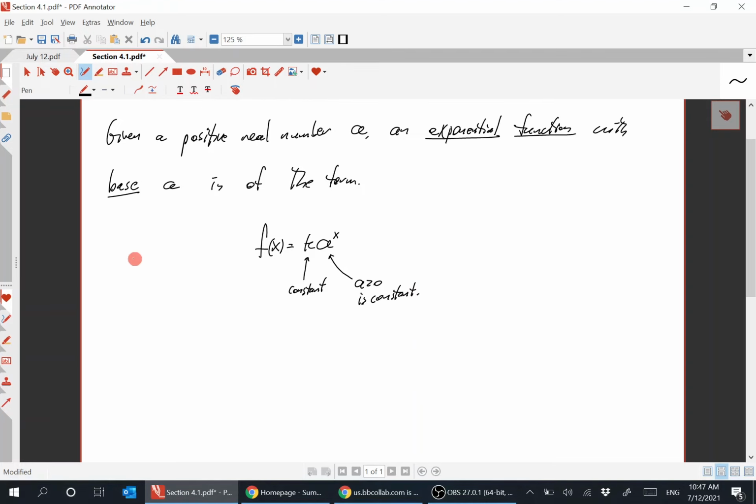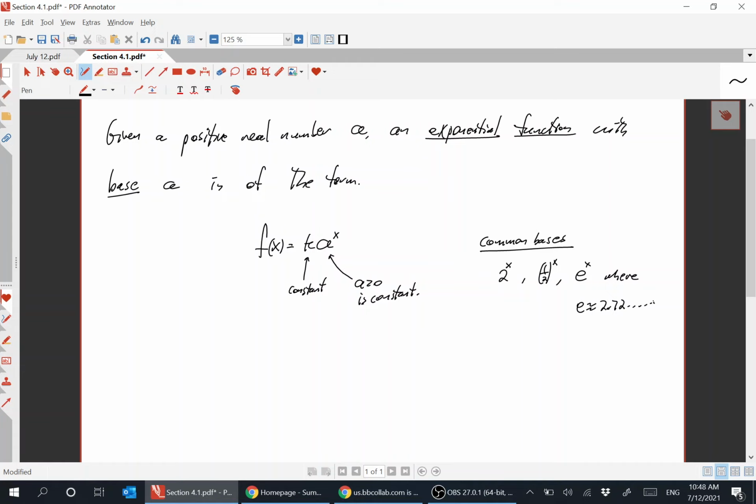Okay, so common bases that are used. So 2, so 2 to the x, 1/2 to the x, that's another common one. There's this number e called Euler's constant, where e is approximately 2.72 something something something.